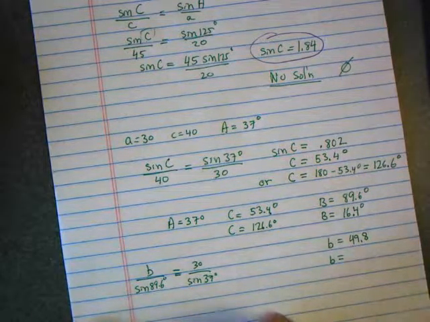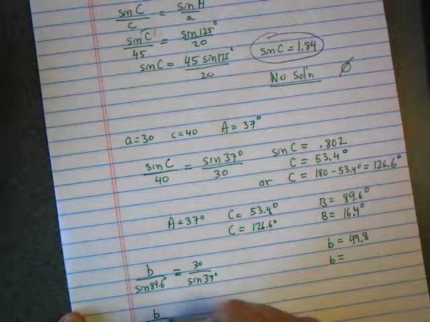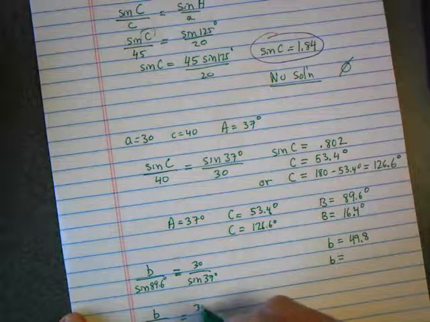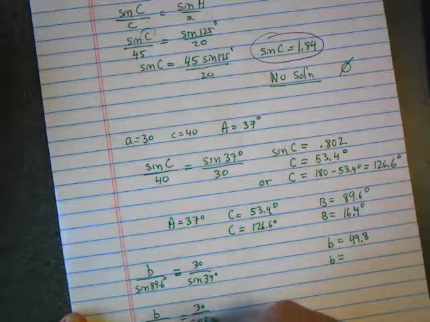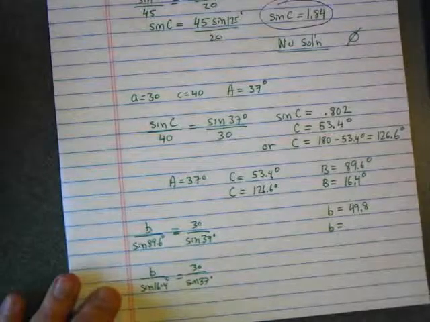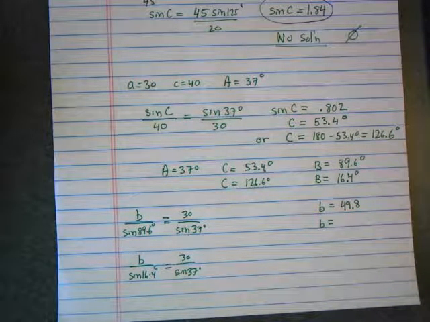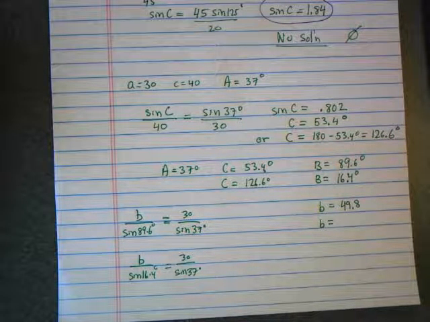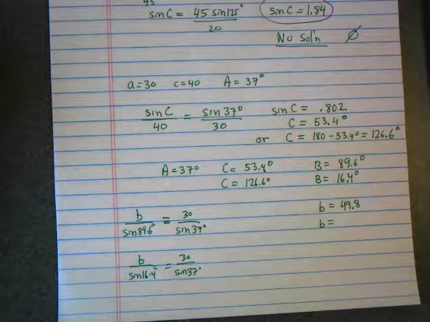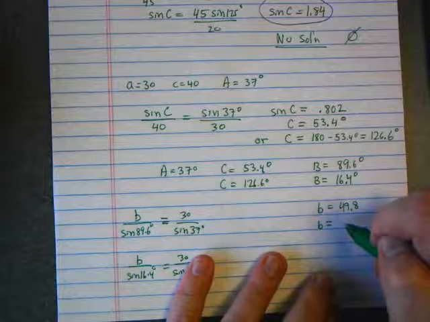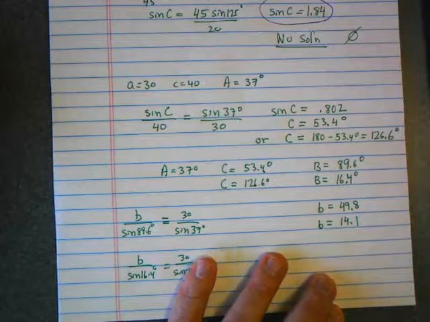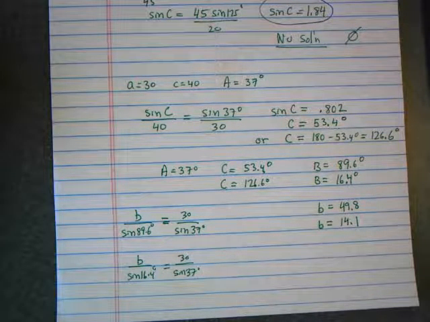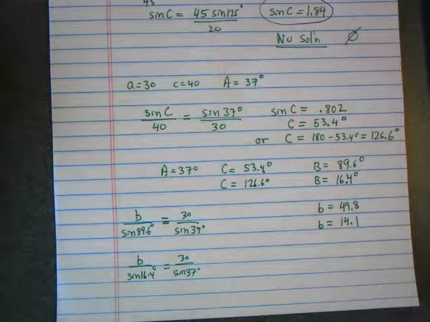And then I have to do it again. I'm going to have little b over sine of 16.4 is 30 over sine 37. And I have to grab my calculator again and type it all in. The only thing that's going to change is that I get 14.1. So that's as hard as they can get. That's the hardest possible thing that can happen, when you end up with two answers.